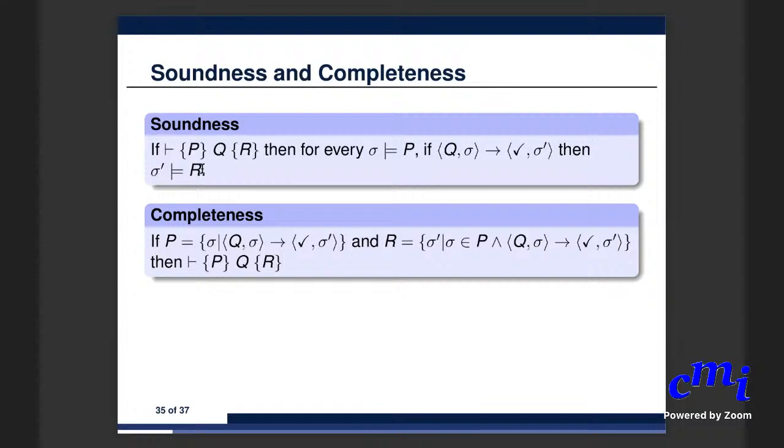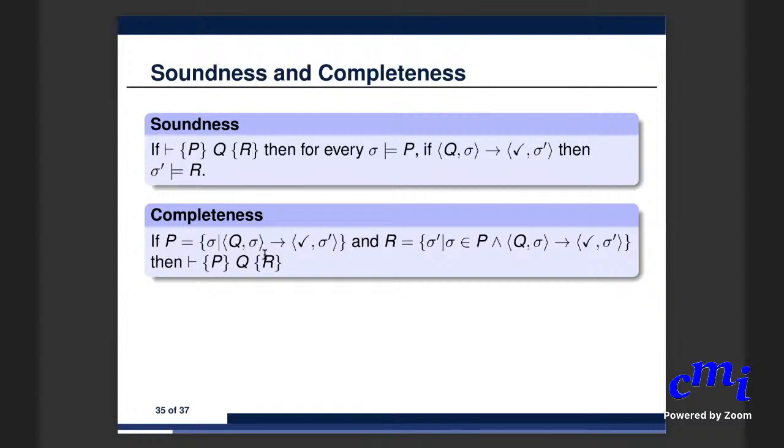If I prove something using the inference rules, then that should always be correct relative to the execution semantics that I prescribe. Completeness goes the other way around.